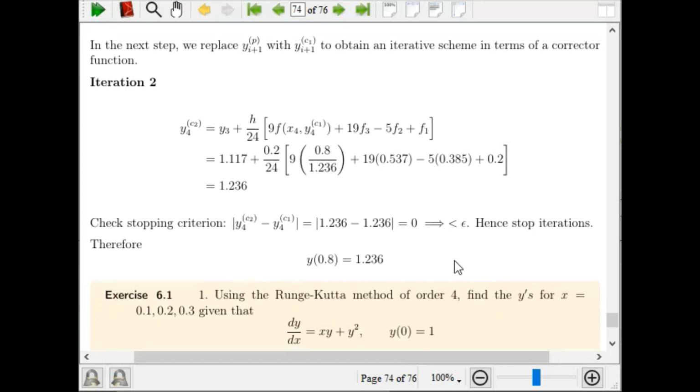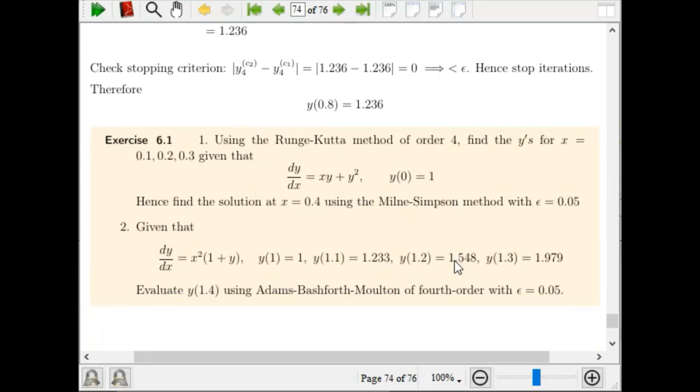We end it here, but this is also a final example for you to look at, a final exercise. We want to solve this using Runge-Kutta. Using Runge-Kutta, you are finding these values. Then you find the next value using the Milne-Simpson. This is a corrector method. So you start this and you correct it using this method.